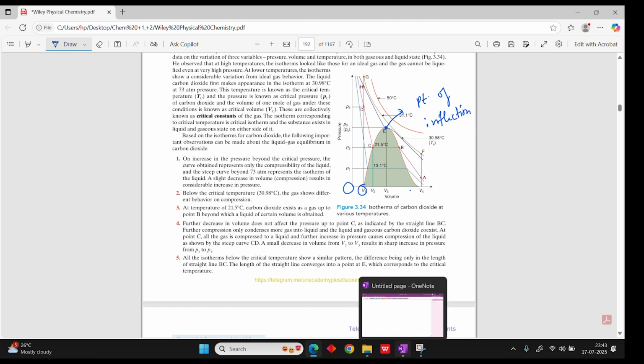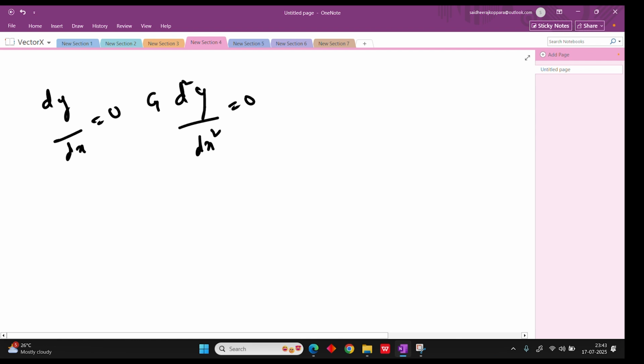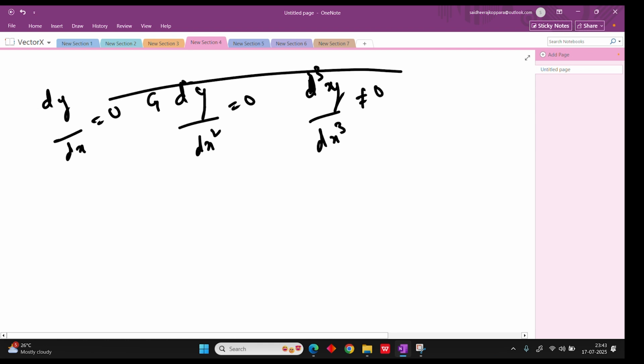What is the significance of the point of inflection? You will learn that in the calculus part while you are studying maths. Basically, the definition is that dy by dx equals 0, and d square y by dx square is also equal to 0, but your d cube y by dx cube is not equal to 0.